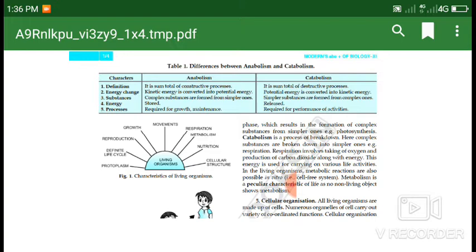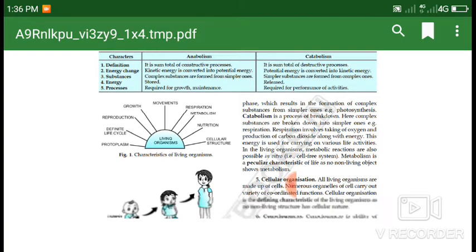Energy is stored in anabolism and released in catabolism. Anabolism is required for growth and maintenance, while catabolism is required for the performance of activities.